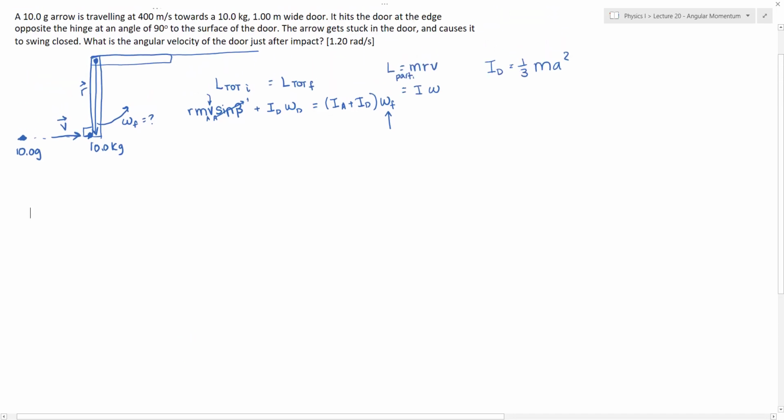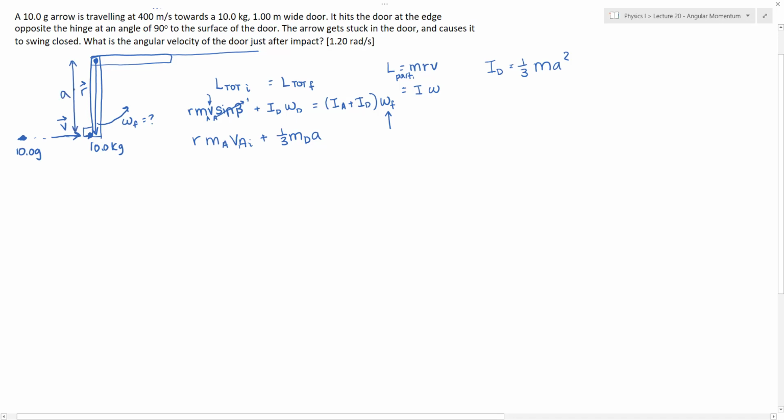All right, so let's start to plug in the things that we know. So we have r, m of the arrow, v of the arrow initially, plus the I of the door is 1/3 mass of the door, a. So a from the picture is this distance of the door.